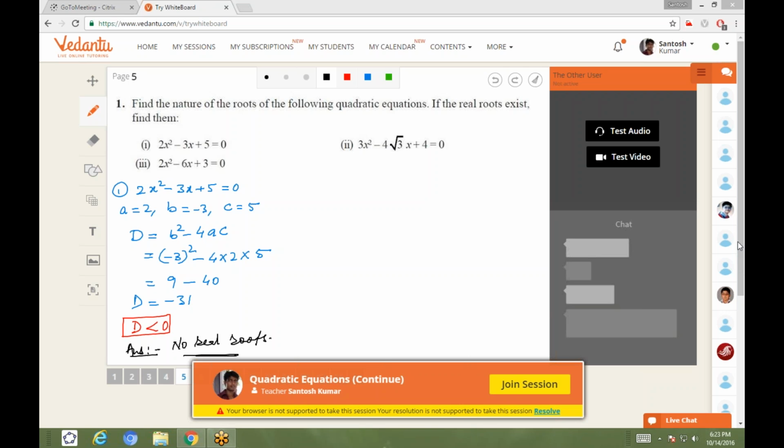Mufassir, post it in the chat box if you are done. Okay, sir. Akanksha, solve and post it in the chat box. Anyway, those who have done the second, solve the third one.